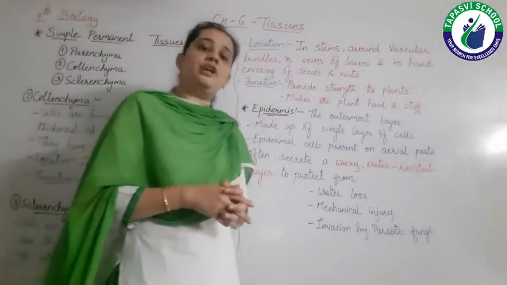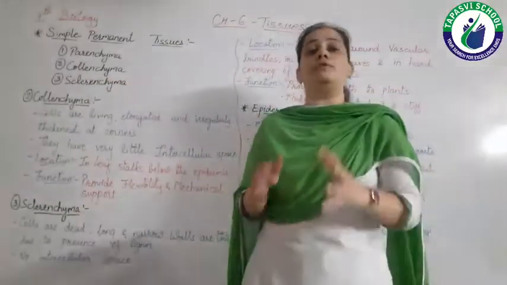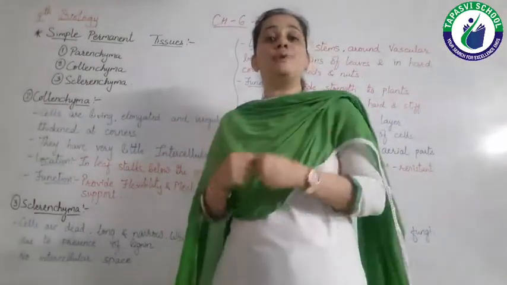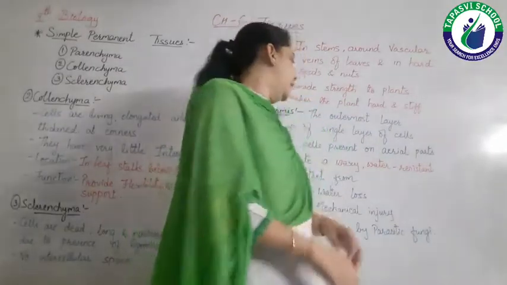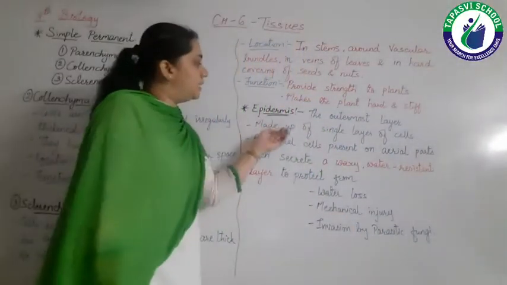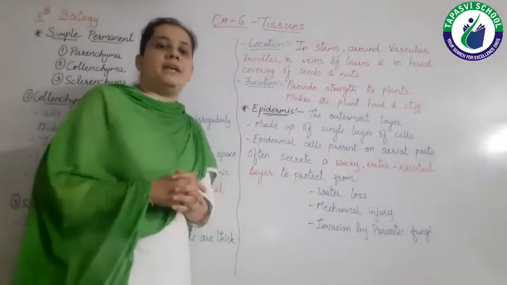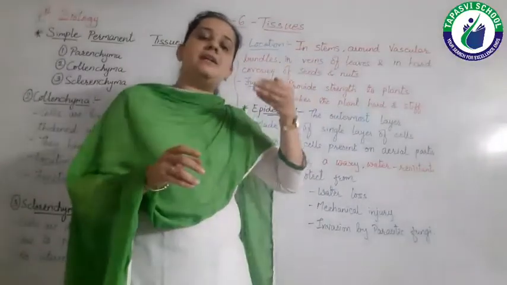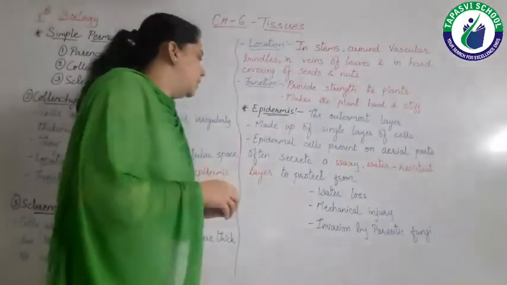As I told you in the previous lecture, the outermost layer of any organism, which gives protection, is known as epidermis, right? It is made up of a single layer of cells. Then we can find parenchyma, collenchyma and sclerenchyma.